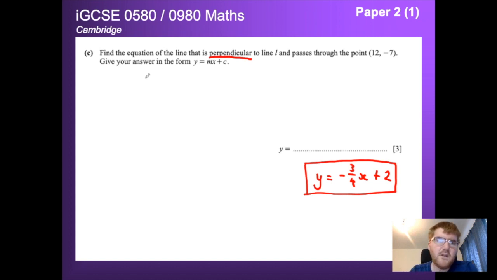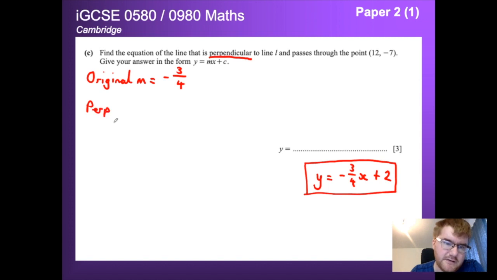So, our original gradient, our original m, was equal to minus 3/4, and we want to find out the perpendicular gradient. We're going to call that perp m, not a perpetrator, but perpendicular. And the way we do that is we flip the fraction.